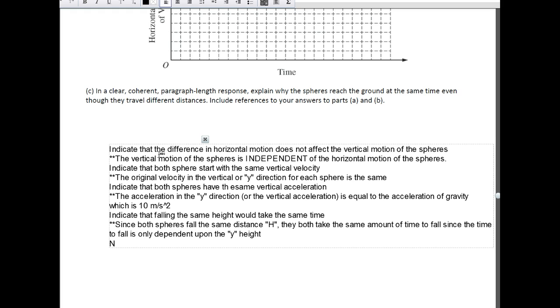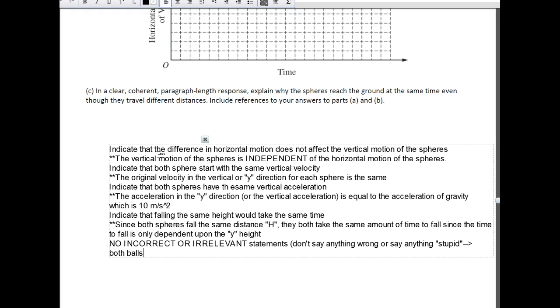And then the last one is basically all you have to do is make no incorrect or irrelevant statements. So don't say anything wrong or, in quotes, stupid. For example, you might say both balls are made out of uranium and therefore they fall at the same rate.